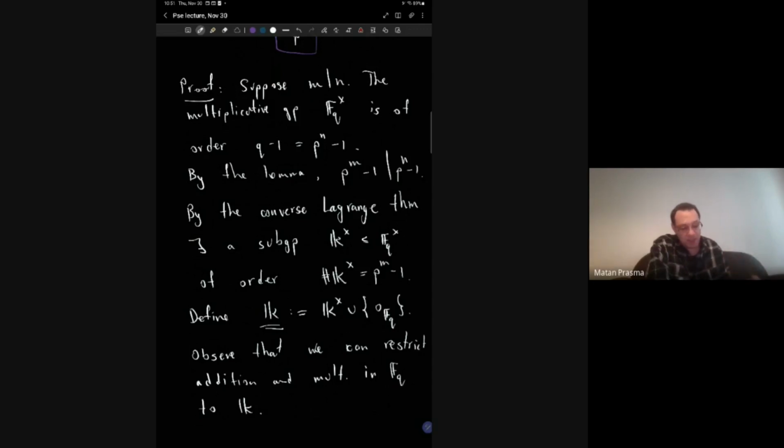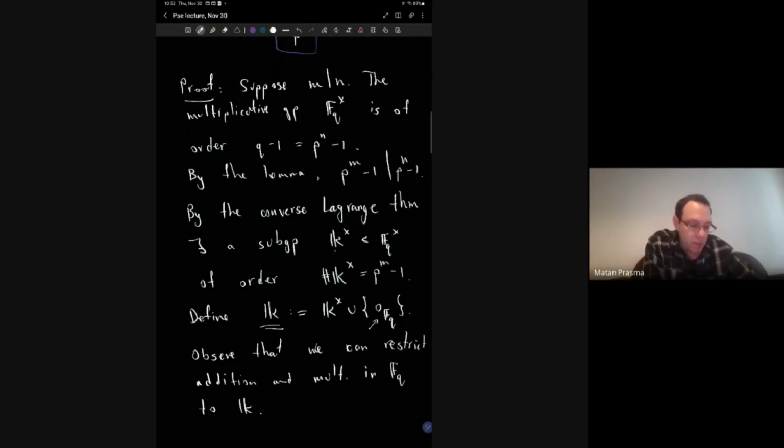The question is, K has a zero element, right? This by definition. It has an element 1 because it is a multiplicative subgroup of FQ star. And we can add two elements and we can multiply two elements.